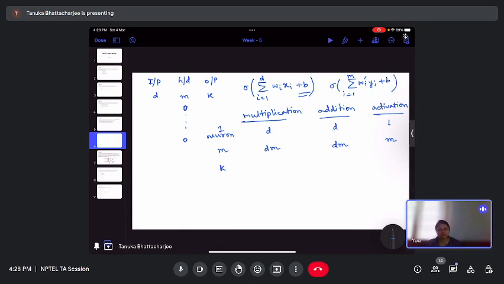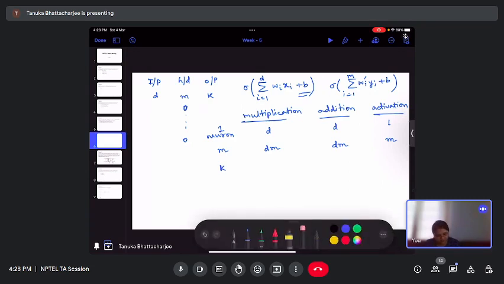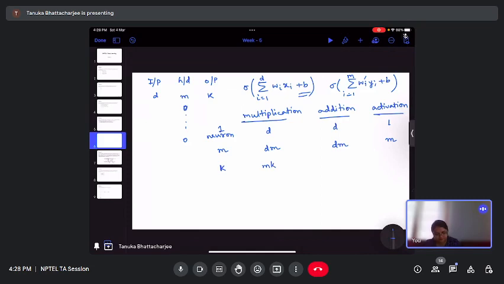So in this case, for each neuron you have m number of multiplications. This w i dash yi is happening for m terms. So in total you will have mk number of multiplications. This part was for the hidden layer, this part is for the output layer.